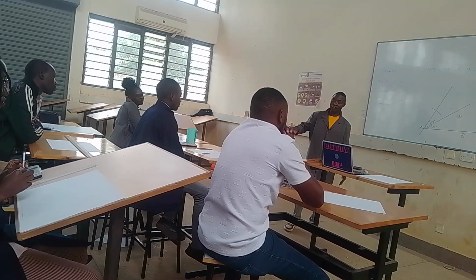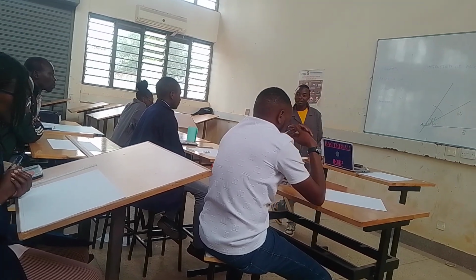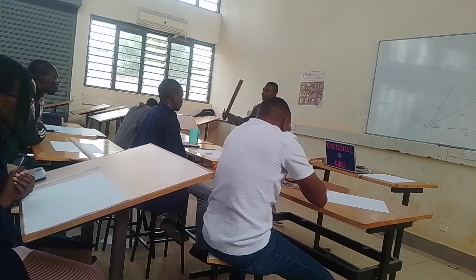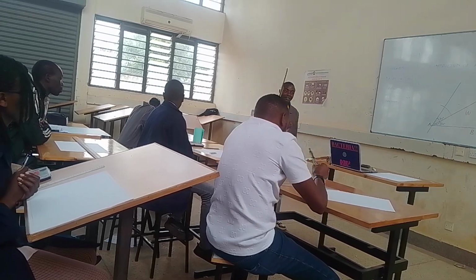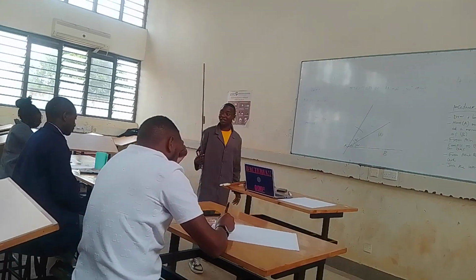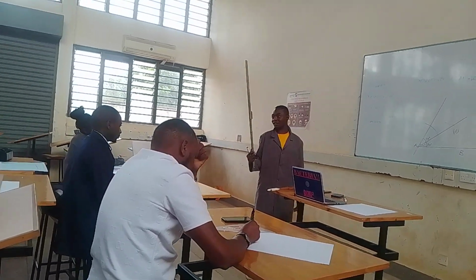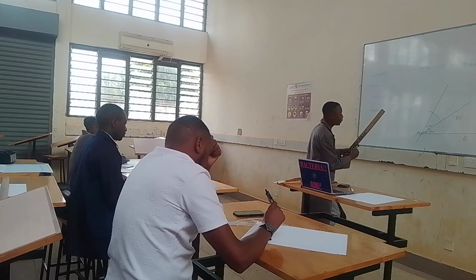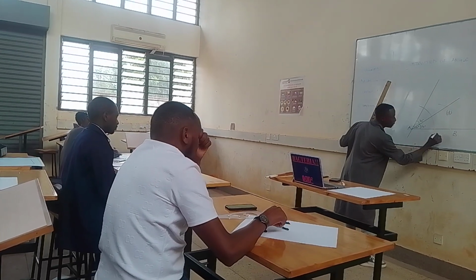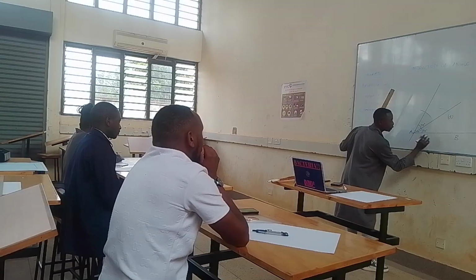Maybe one of you has just 40 or 60 or 70 millimeters. I think 70 millimeters, because we don't use centimeters in the drawing. To me, I've used 50 millimeters from A to B.